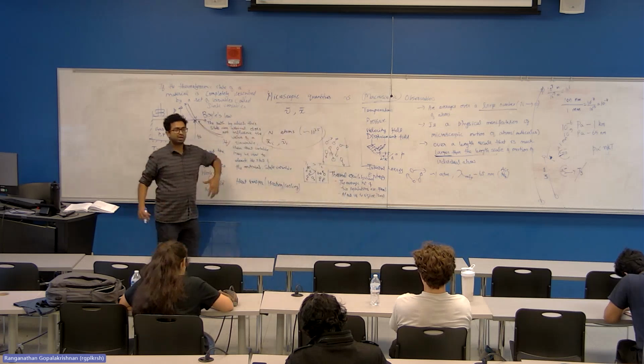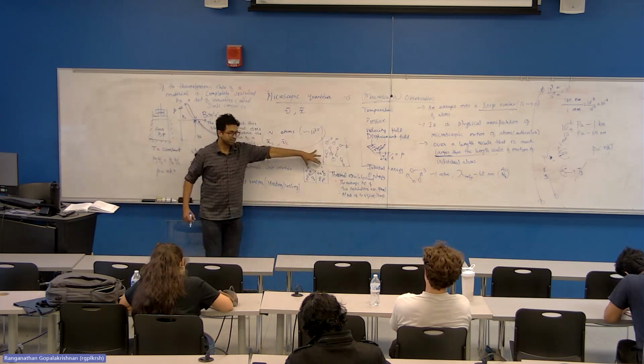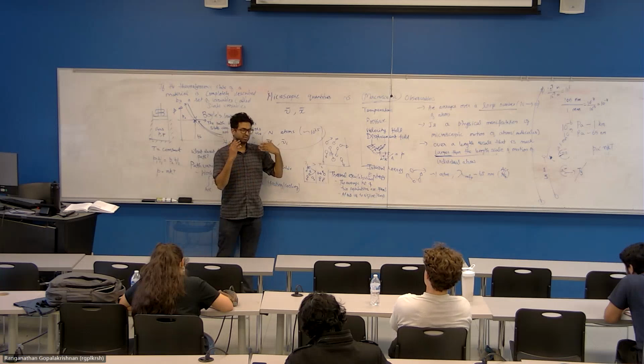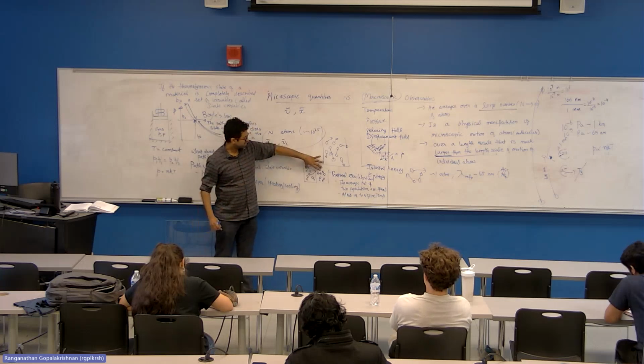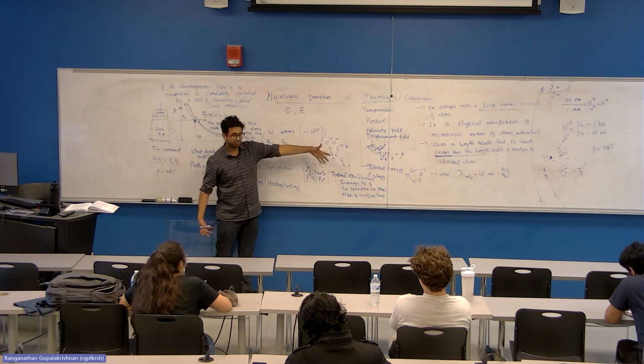How? If one of these is a reference that you define as temperature, and if these two are at equal temperature, then you say T1 is also the same as T2.